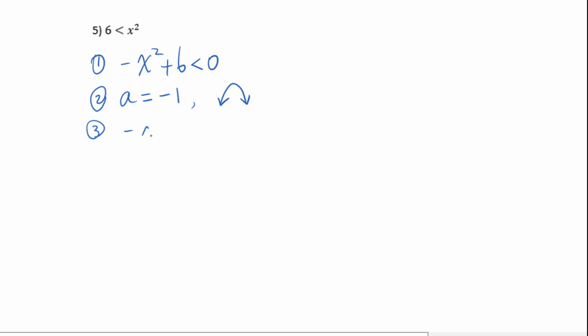Third step, we will get the roots. Negative x squared plus 6 equals 0. Since this is a power equation, we need to isolate the variable on one side. So you get x squared equals 6. Then square root both sides, you will get plus or minus the square root of 6.